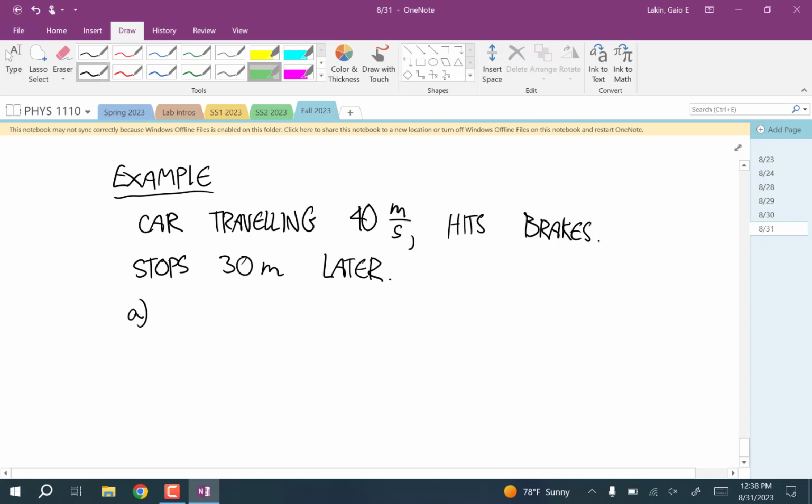So first, let's calculate the car's acceleration. And second, let's calculate how much time it takes for the car to stop.